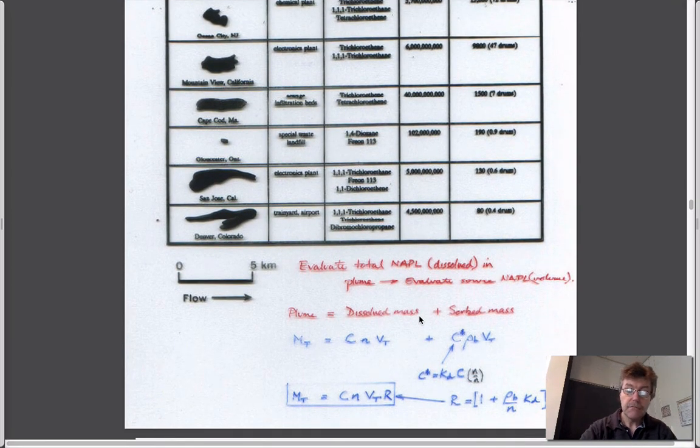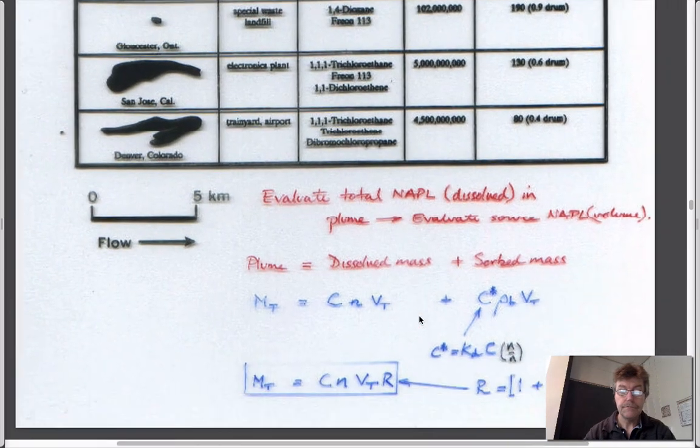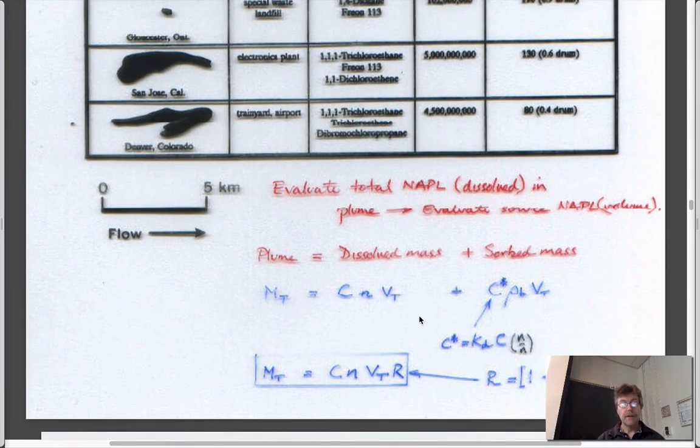It's taking the mass that's in the plume, and it's going to be the amount that's dissolved in water, but also the stuff that's in equilibrium in terms of being sorbed onto the grains in equilibrium with the concentration in the water around those grains.